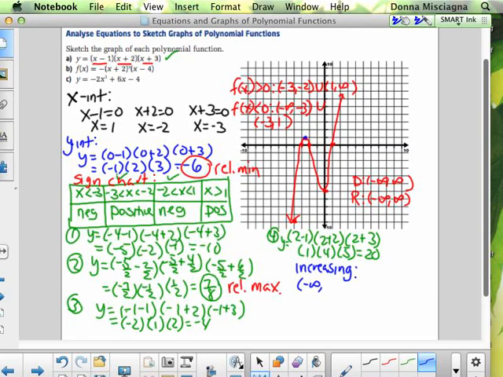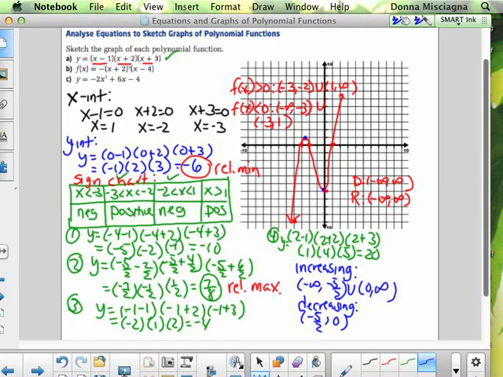We change from positive to negative or negative to positive at the x-intercepts. We change from increasing to decreasing at the turning points. So from -infinity to -5/2 we're increasing, and then we're decreasing from -5/2 to our turning point, where x is 0. And then after that, we're just increasing from 0 to infinity.